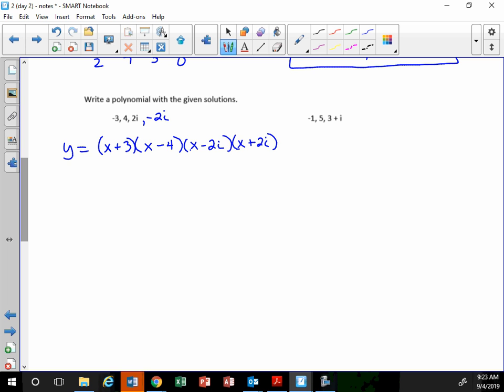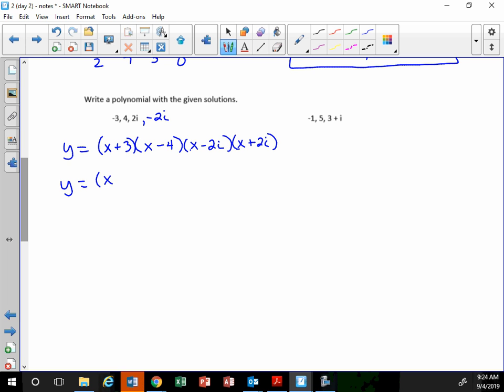Okay, so that's how we write our factors. No, you do not have to multiply everything together here. You have to multiply just enough to get rid of the imaginary numbers. Okay? So do you think I need to multiply the x plus 3 and the x minus 4 together? No, I can leave those alone, so that's part of my answer.